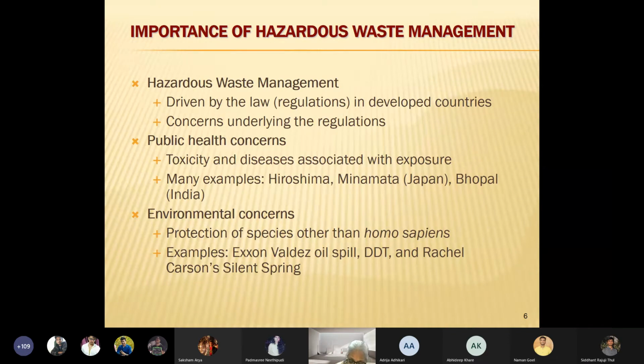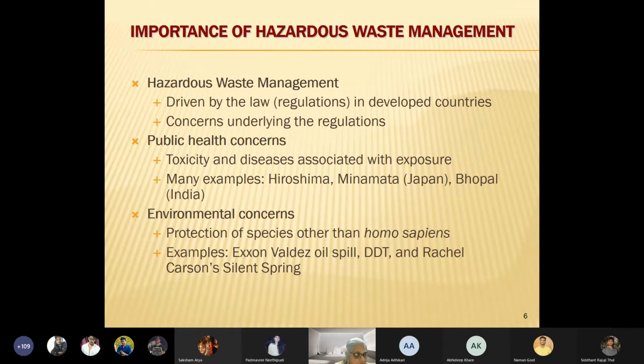For mainly one reason. All industries that are generating hazardous waste will not do anything about it unless there is the law behind it. Okay, so I cannot walk into any industrial premise and say that you are doing something bad for the environment.